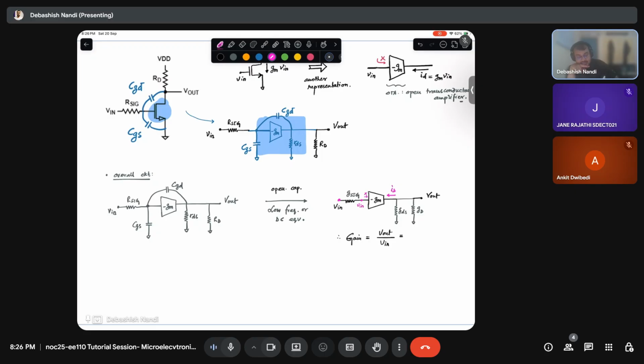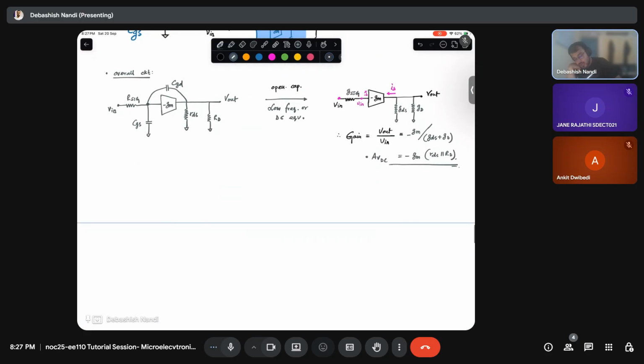So the current is minus Gm times V in, flowing through this resistance combination. So the gain will be Gm divided by GDS plus GD, or in conventional terminology, RDS parallel RD. Is that clear? Yes, sir. So that is your DC gain, AVDC.